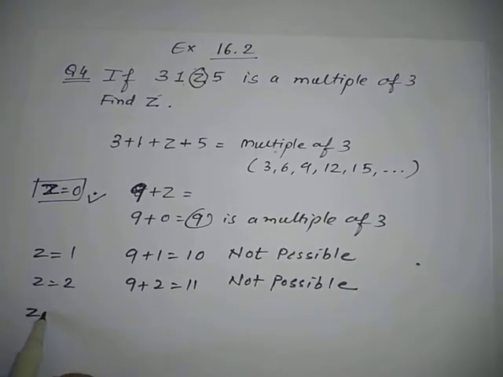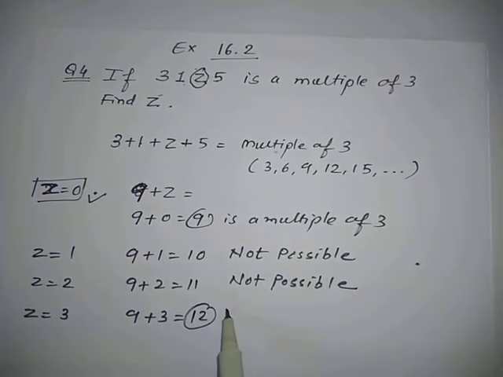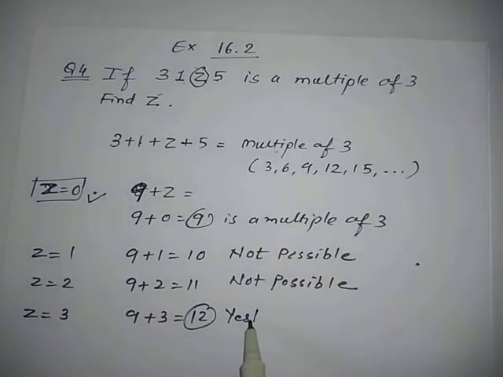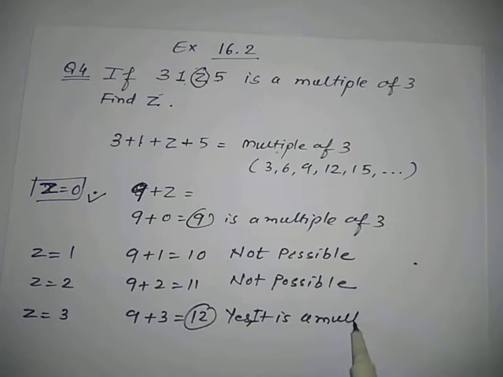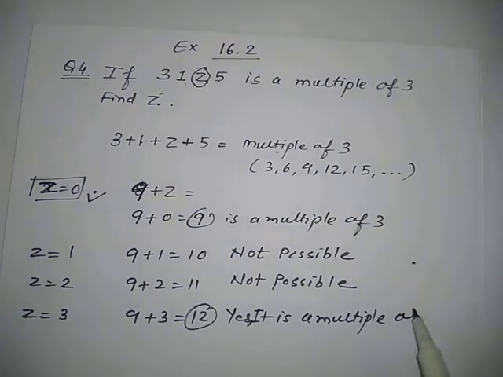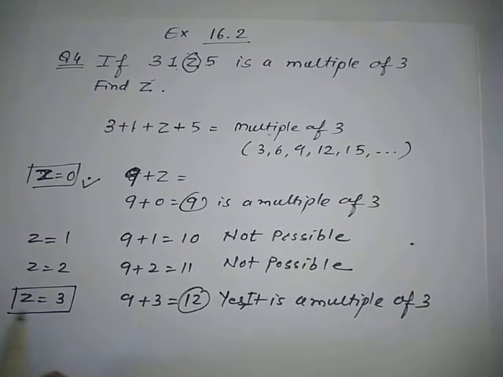Then if we take z is equal to 3, so 9 plus 3 is equal to 12. Yes, it is a multiple of 3. Okay, that's why z is equal to 3 is also possible.